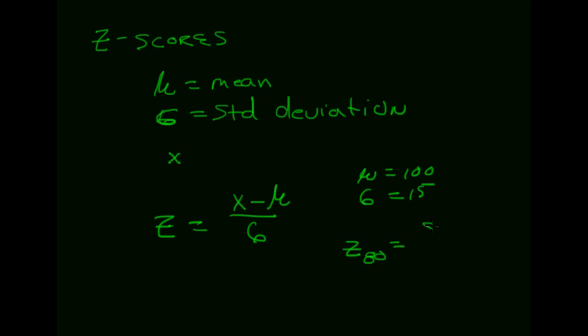I would take 80 minus 100 over 15. That's negative 20 over 15, which is negative 4/3, so it's like 1 1/3. That means the value for 80 lands 1 1/3 standard deviations to the left of the mean.